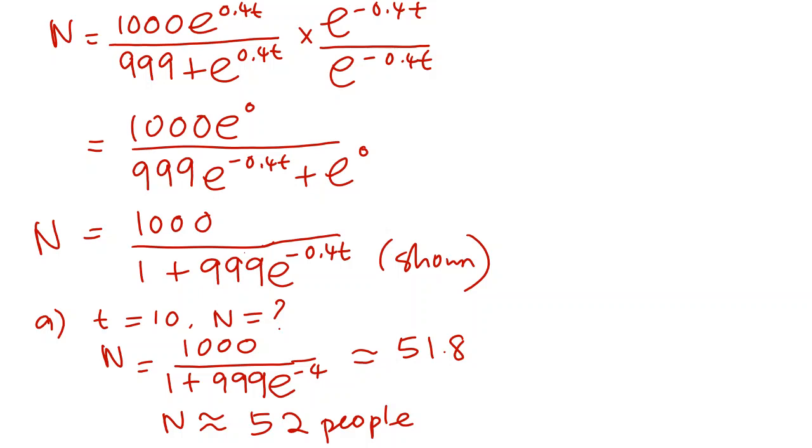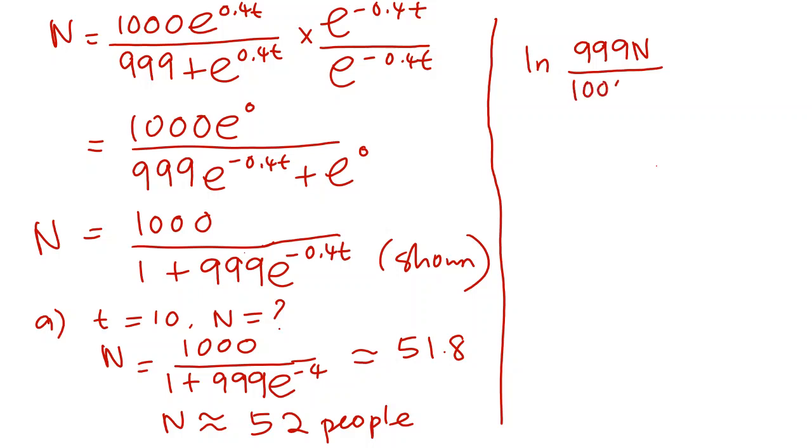We want to find the value of t, so we refer to the equation from the previous part: ln 999n over 1000 minus n equals 0.4t.